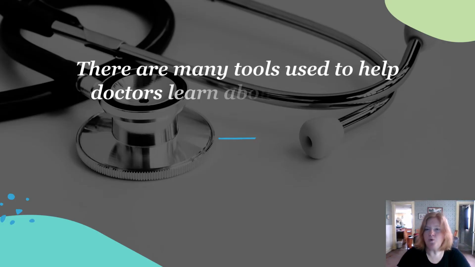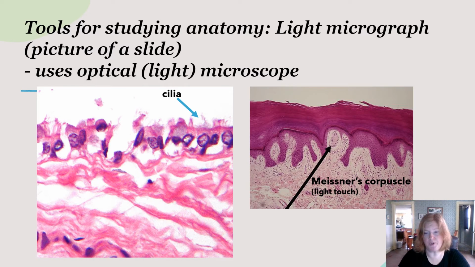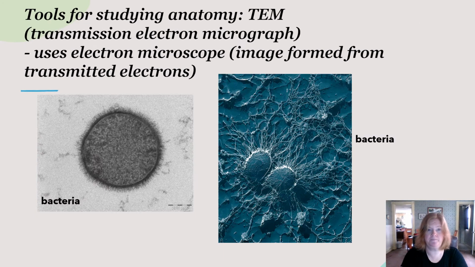Okay, there are many tools that are used to help doctors learn about a patient's anatomy. So there are tools for studying anatomy with a microscope. So one example is a light micrograph, and you've probably used a light or optical microscope before. So a light micrograph is simply a picture that's taken of something looked at through a light microscope.